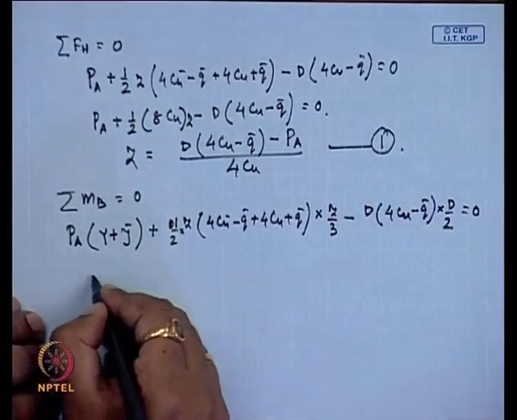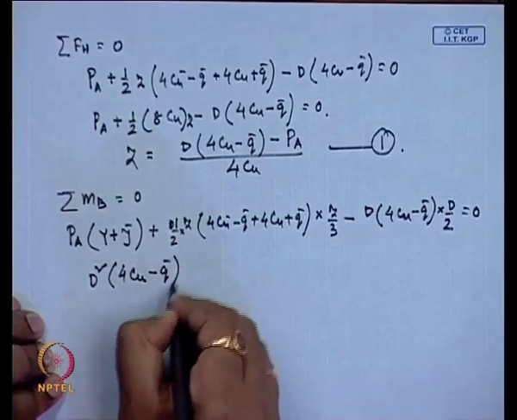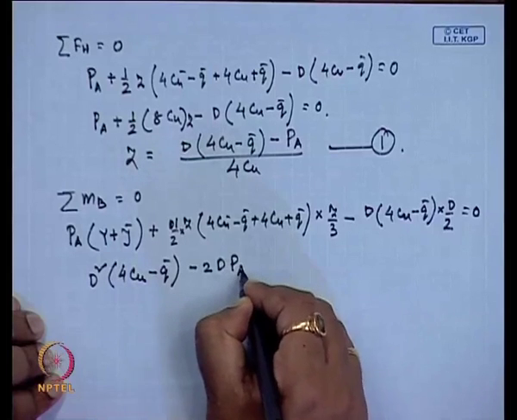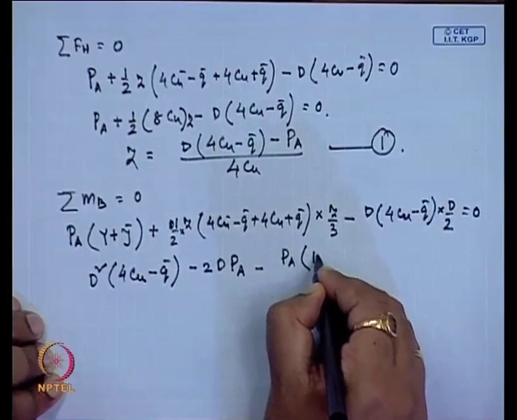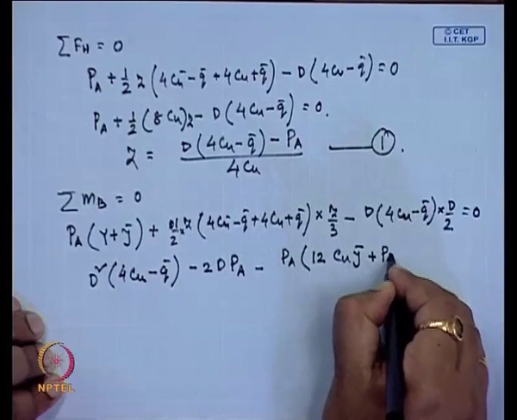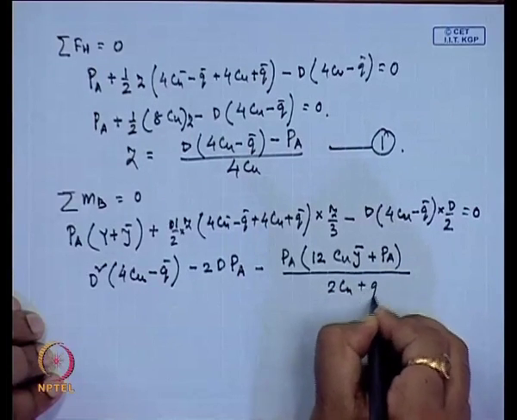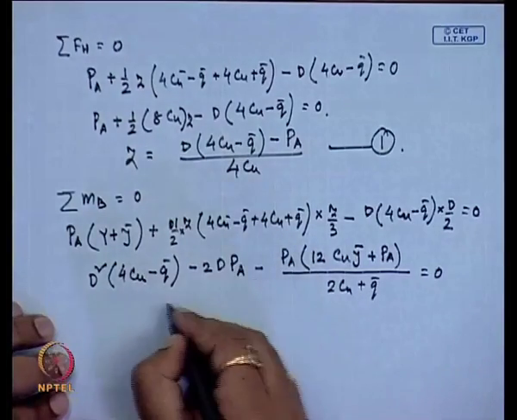So, after simplifying this we will get d square (4 C_u minus q bar) minus 2 d P_A, minus P_A (12 C_u y bar plus P_A) divided by (2 C_u plus q bar), that is equal to 0.